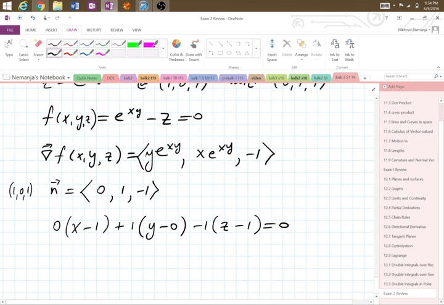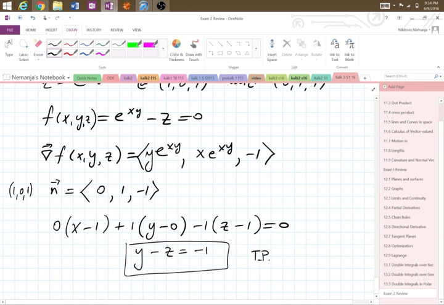So that's one dies. We just have y minus z is equal to 1. No, that's negative 1. And there it is, tangent plane, TP.